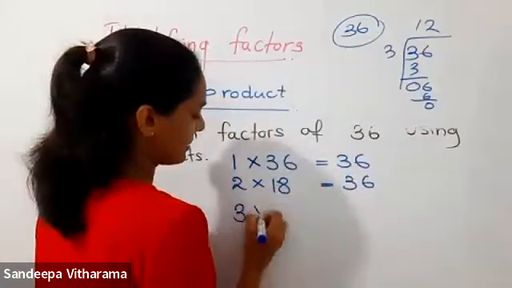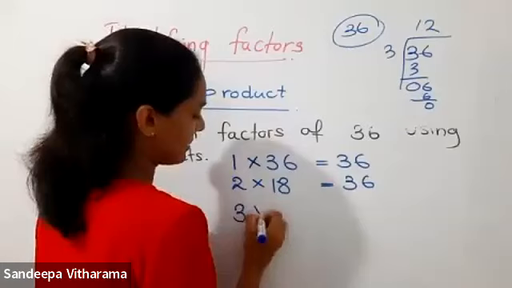Last two digits divisible, so divide by 2. We know that 4 into 9. Any other method? 5 into... no, 6 into, because it is not divisible by 5. The last digit should be 0 or 5. If you check whether it is divisible by 2 and 3, yes, that means it is divisible by 6.